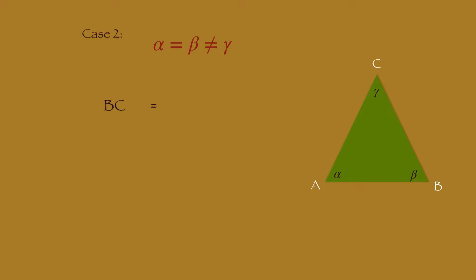Now that alpha is equal to beta, we can say that BC is equal to AC and that is not equal to AB, as alpha or beta is not equal to gamma. A triangle where we have two sides equal, we call an isosceles triangle.